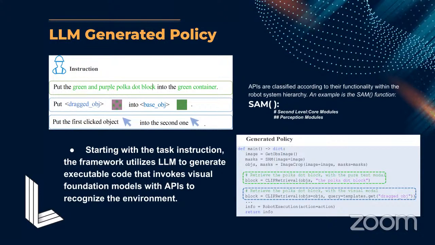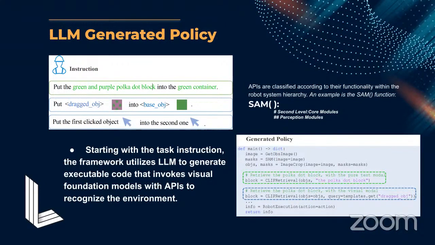Specifically, these APIs are classified according to their functionality within the robot system hierarchy, and this categorized information is provided in the prompt. I've listed an example here. For example, the SAM function, the Segment Anything model, belongs to the perception module, which is the second level core module in the robotic system that we have seen in previous slides.